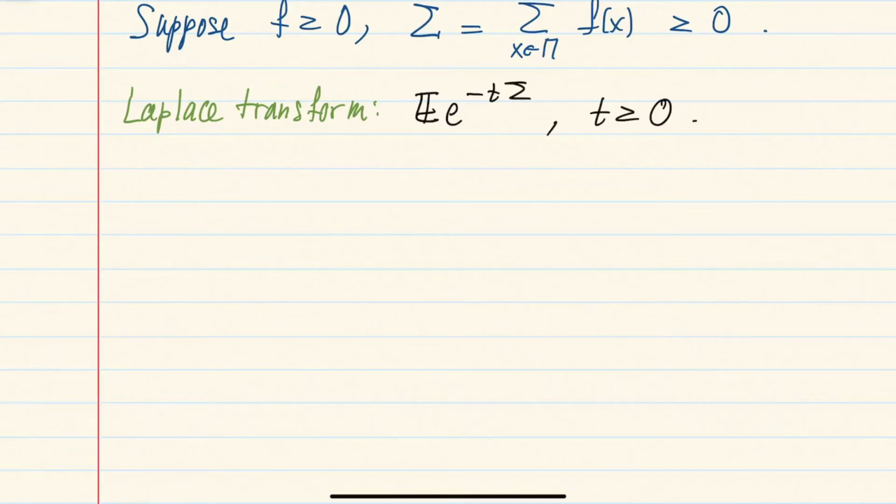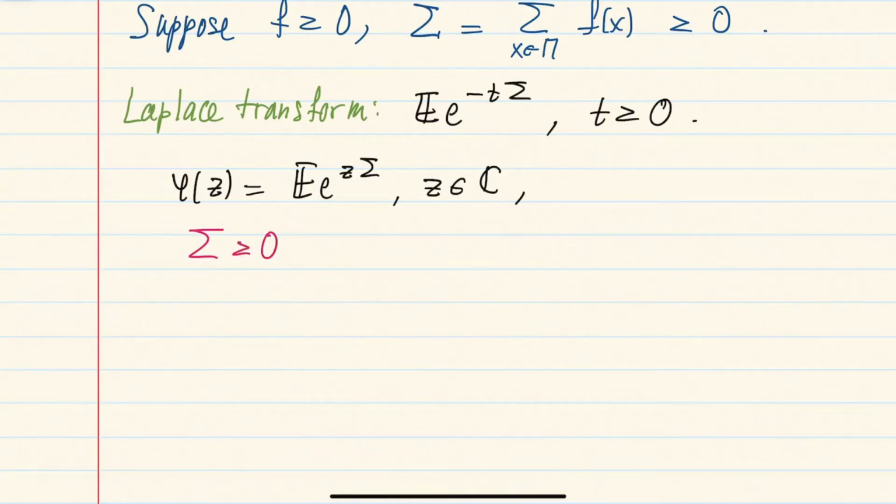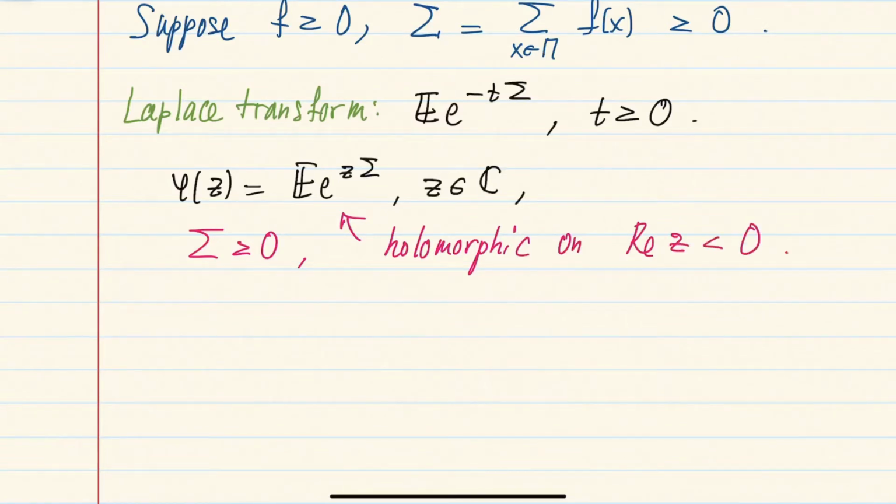Of course, this comes from the fact that if we consider a function phi of z, which is the expectation of e to the z sigma on the complex plane, in the case when sigma is a non-negative random variable, one can easily check that this is holomorphic on a half plane when the real part of z is strictly negative.